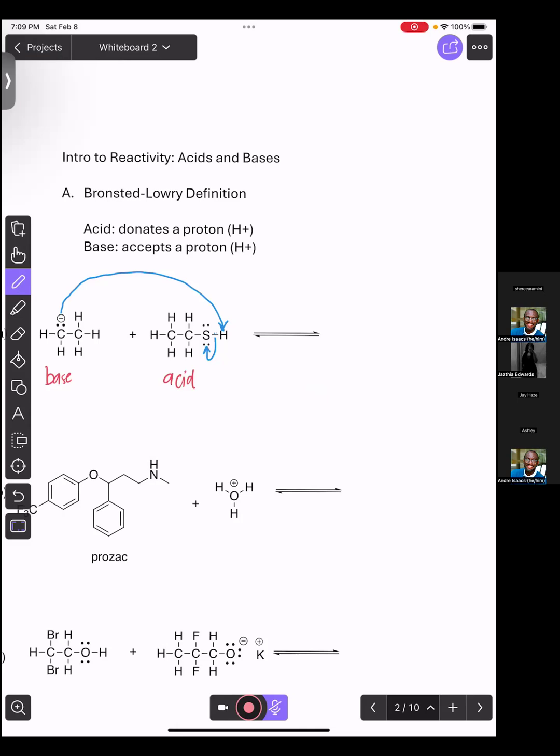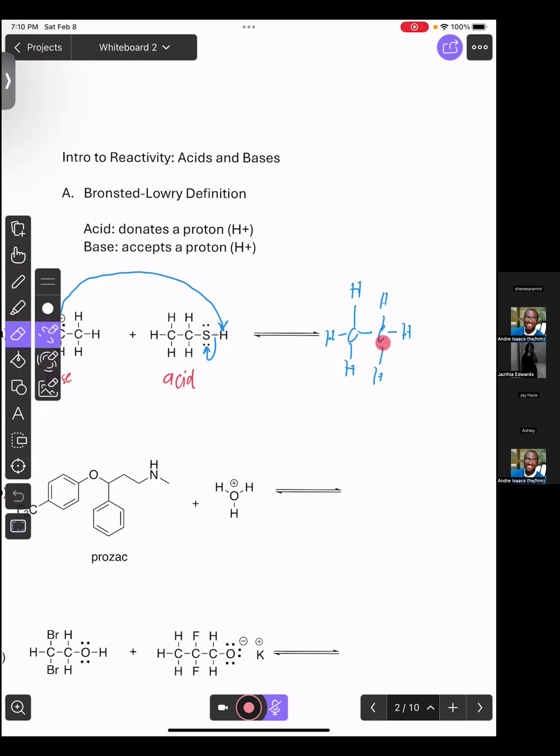Okay, so let's draw the product of this reaction. We just said that the base is going to share electrons with the hydrogen, which means now it's the one that's making a bond to the hydrogen. So that carbon, instead of having the electrons to itself like it had before, those electrons are now going to exist in a bond, in a shared relationship with the hydrogen that it just took.